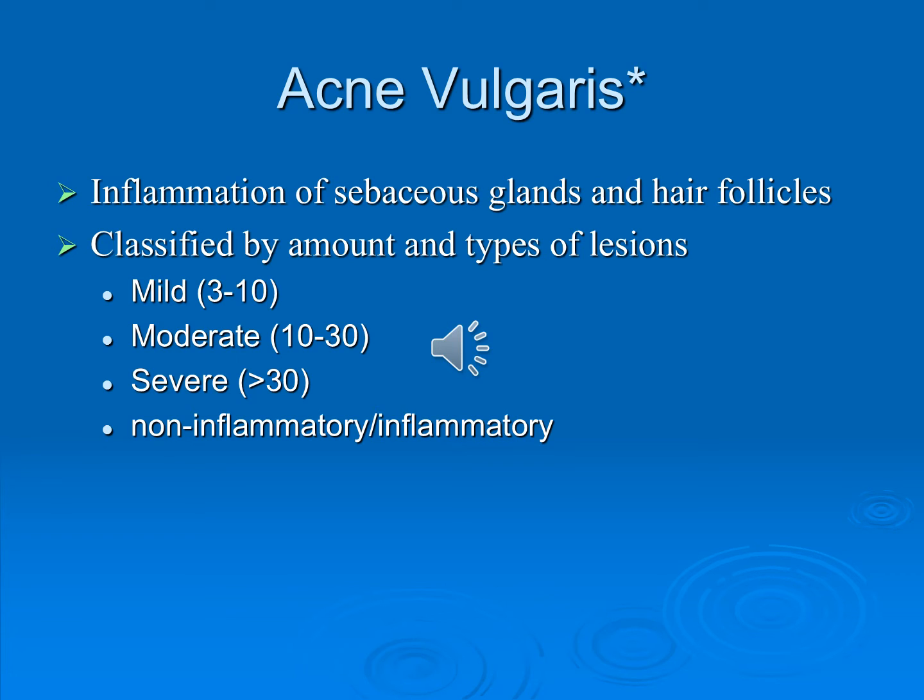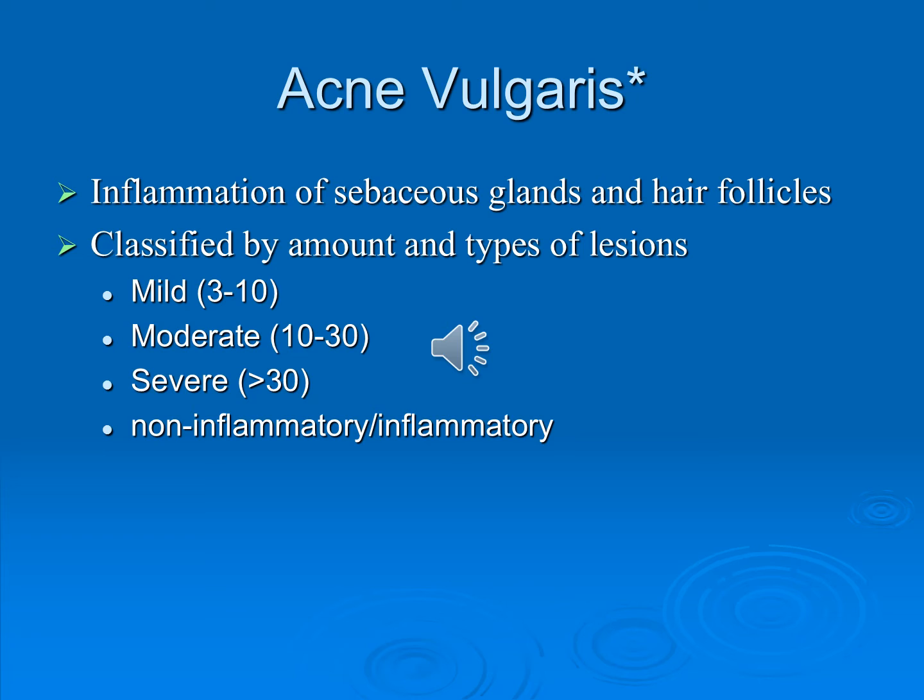Acne vulgaris is an inflammation of the sebaceous glands and hair follicles. When somebody has really bad acne, the way they classify it is by the amount and the type of lesions that they have, because you can potentially have different types of lesions with acne vulgaris. So we have up here the different types of lesions and how they get classified.